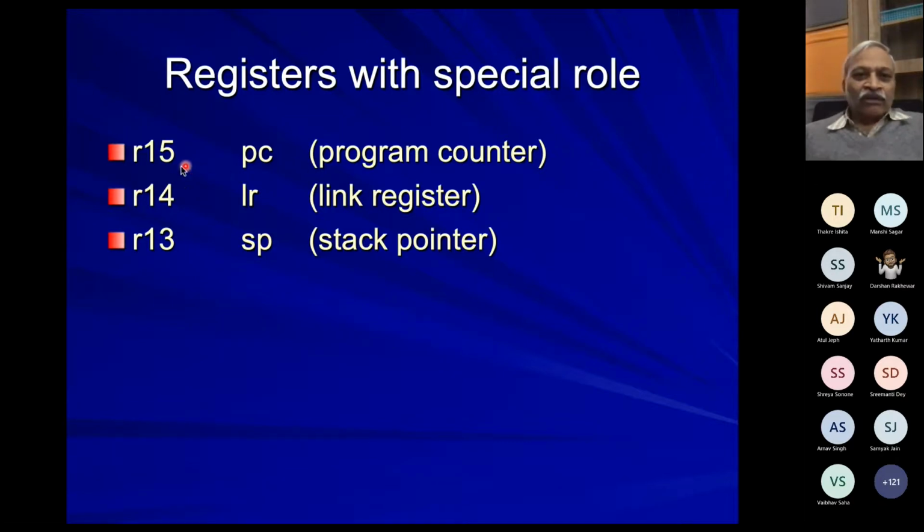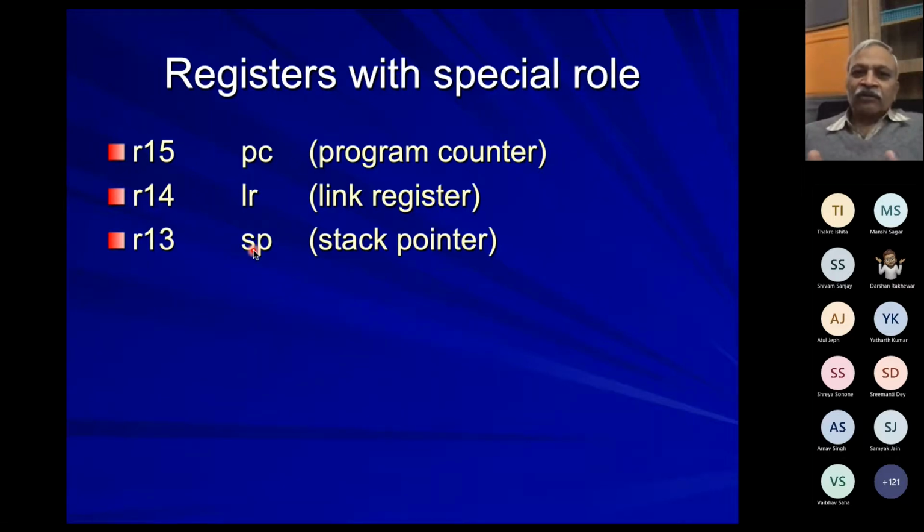R15 is actually nothing but program counter. So program counter is not a separate register, but R15 acts as program counter. R14 acts as link register. And in the same breath, I'm mentioning R13 also, which acts as stack pointer, because there are certain things which require use of stack.